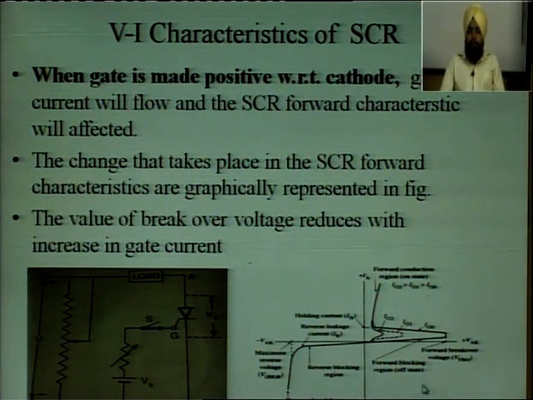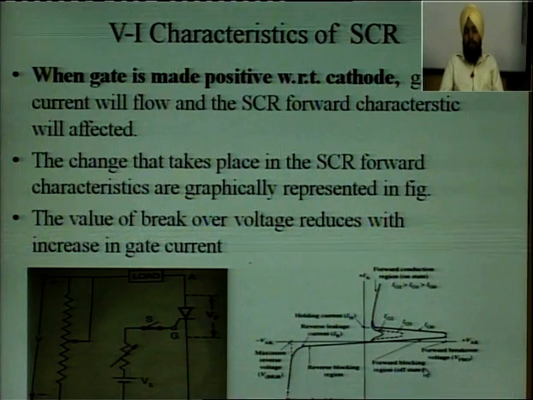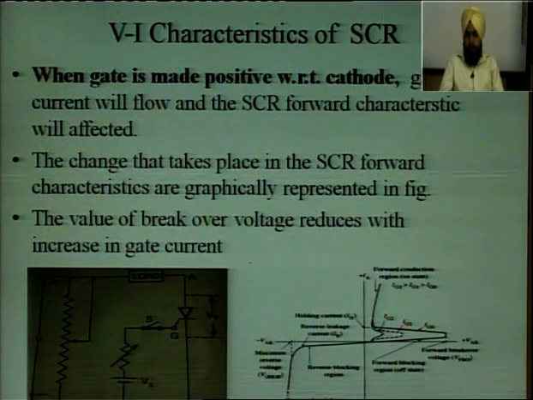So, the value of breakover voltage reduces with the increase in gate current. Actually, what we are doing is reducing the value of forward breakover voltage. So, by increasing the gate current, we reduce the forward breakover voltage point.